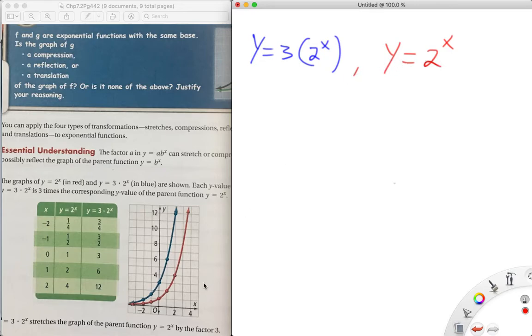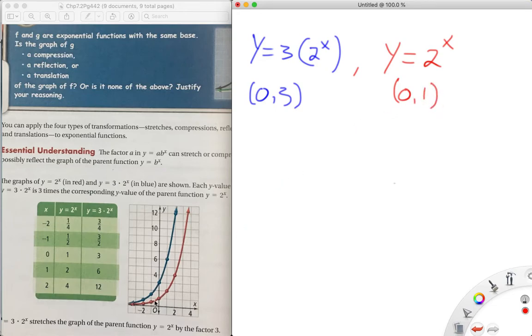And when you make comparisons to the parent graph, again, everything is always based sort of off the y-intercept. If we look at this guy, remember this is my a, so the y-intercept is going to be 0, 3. Here, the y-intercept is 0, 1.